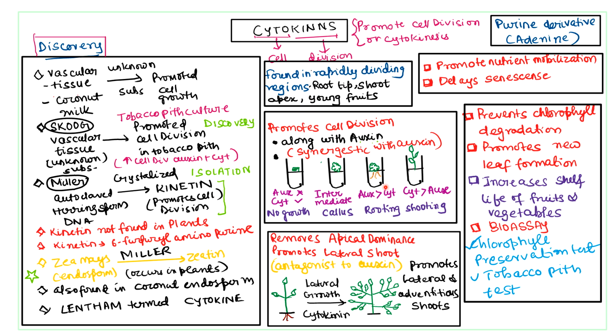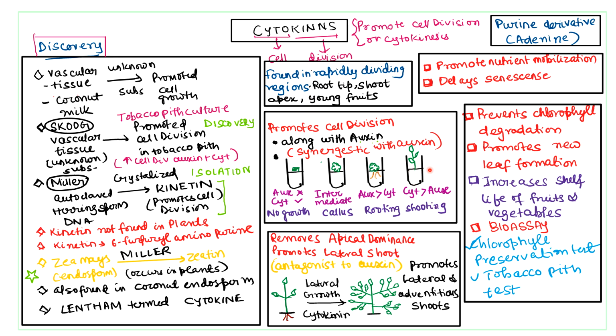Next, we tried to increase the concentration of auxin. There it was found that the callus develops roots, or rooting of the callus takes place, when auxin concentration is more than cytokinin. Next, we performed an experiment in which the cytokinin concentration was more than the auxin.